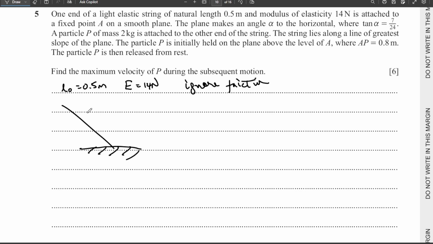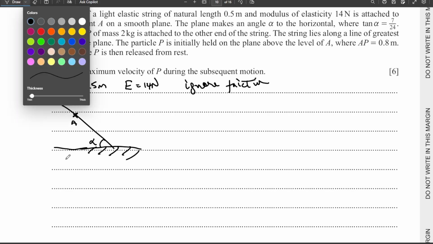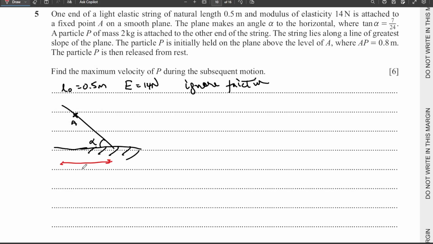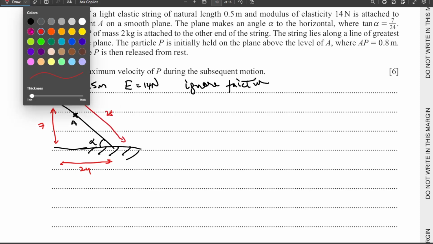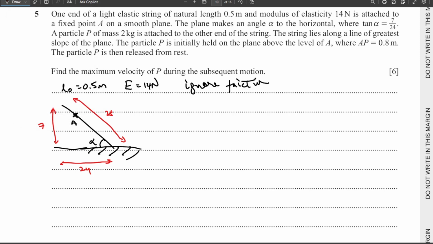This string is on the fixed point A and it makes an angle alpha to the horizontal, and tangent alpha is 7 over 24, so might as well label it now first. So using this we know also that this will be 25 using the Pythagoras theorem, right? So that's about the tangent, the angle thing.